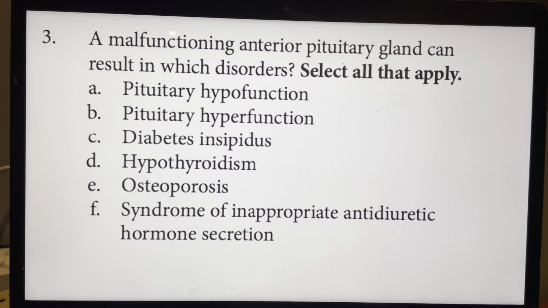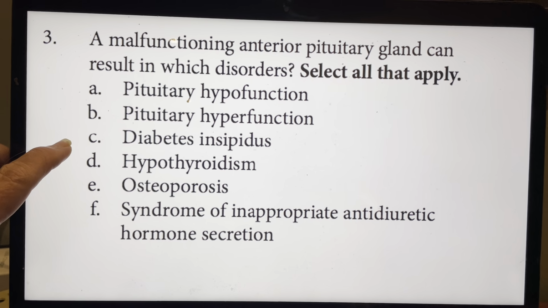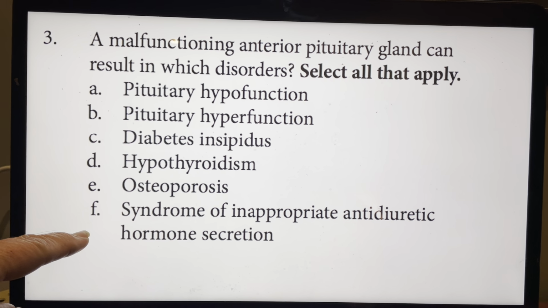Here we go. A malfunctioning anterior pituitary gland can result in which disorders? Select them all. Pituitary hypofunction, pituitary hyperfunction, diabetes insipidus, hypothyroidism, osteoporosis, or SIADH.